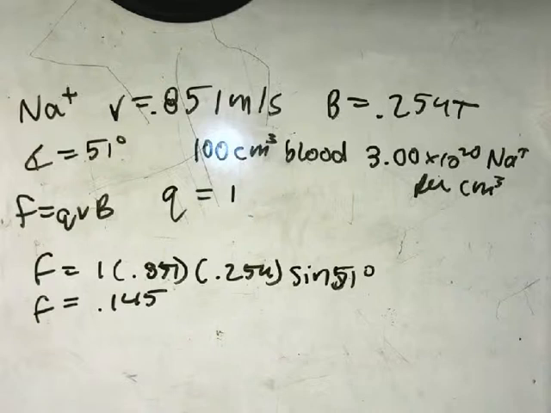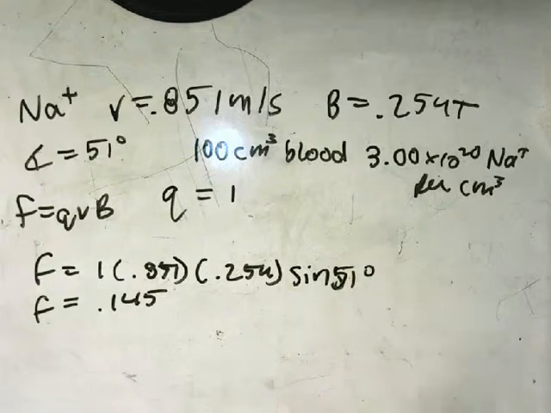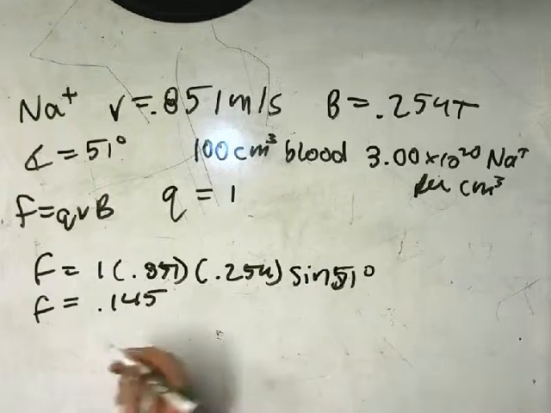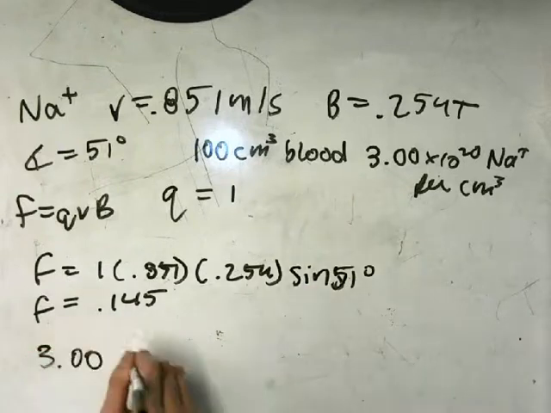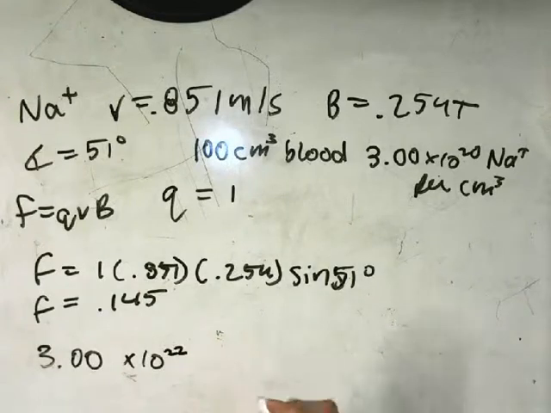But this is the force for only one sodium ion, so we have to multiply it by the number of sodium particles in the bloodstream. Since there are 100 cubic centimeters of blood and 3 times 10 to the 20th per cubic centimeter, you just multiply across, and you get that there are 3 times 10 to the 22nd sodium ions in the arm.